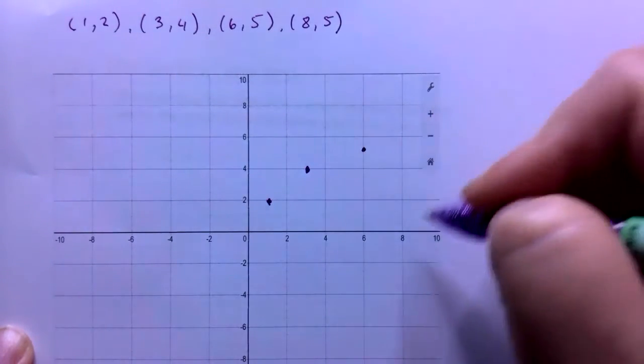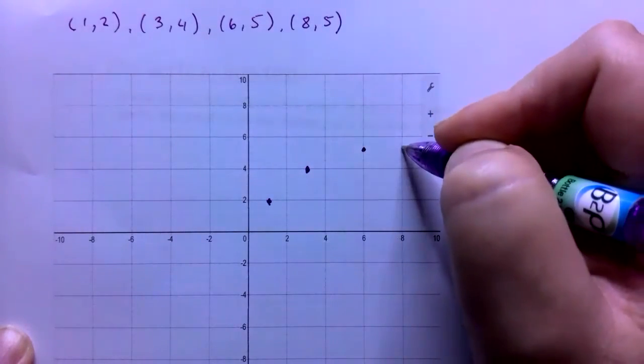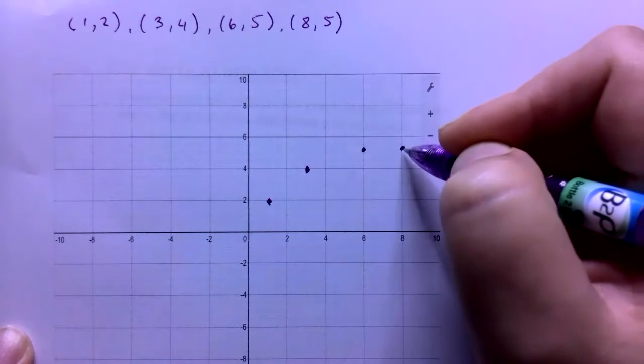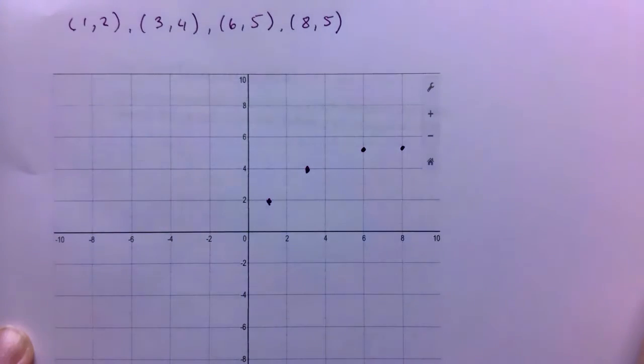And then we also have (8, 5). Nothing indicates that these points are connected or that there is anything in between them. We're just given these points, period. We're not thinking that we're looking at a line or anything like that, just ordered pairs of values, points.